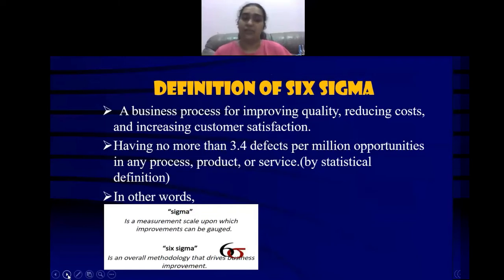In other words, the word sigma stands for a measurement scale upon which improvement is to be gauged. The whole phrase Six Sigma stands for an overall methodology which drives business improvement. So, these are the definitions for Six Sigma.